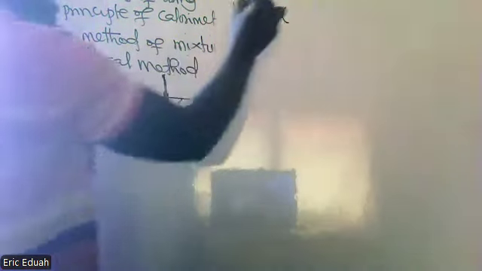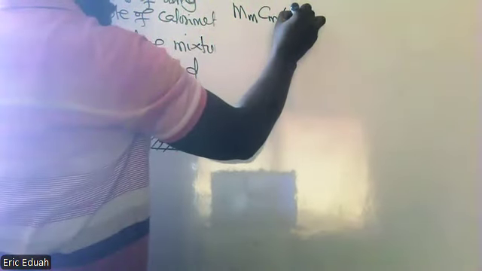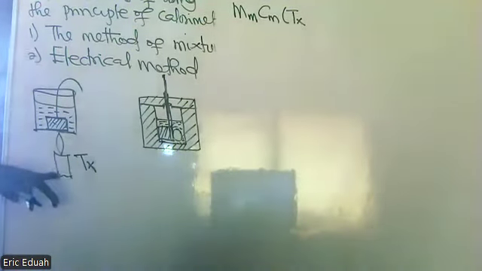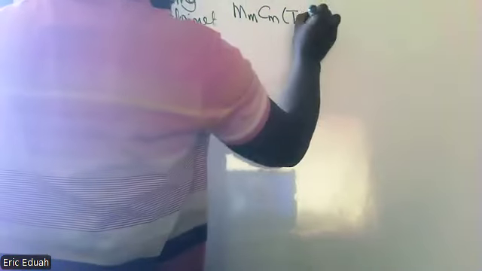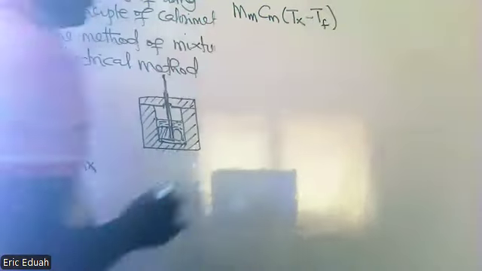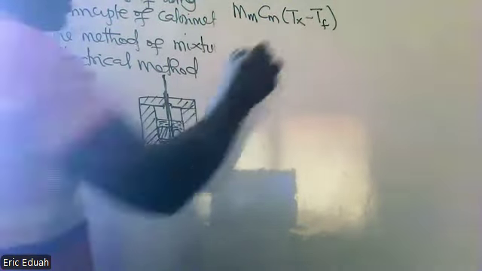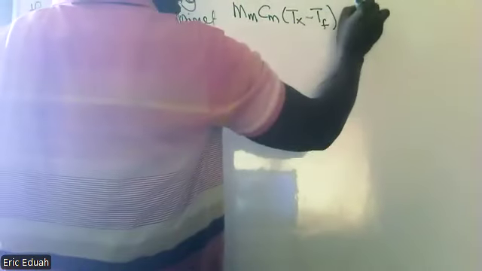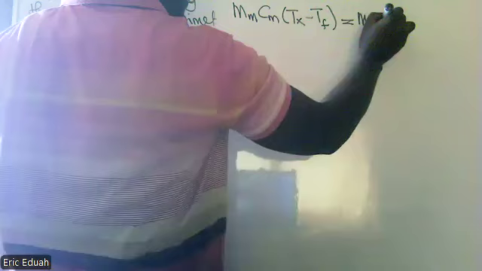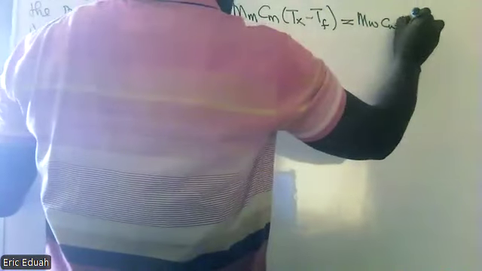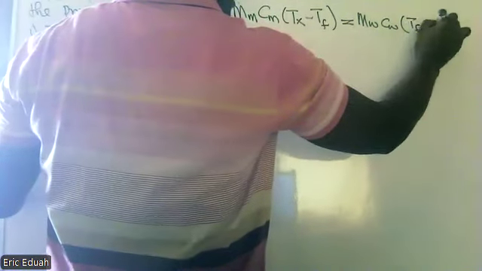The change in temperature is Tx, which is the temperature of the source, which we don't know, minus Tf, the final temperature at equilibrium, equal to mass of water, specific heat capacity of water, times the change in temperature, Tf minus T1.